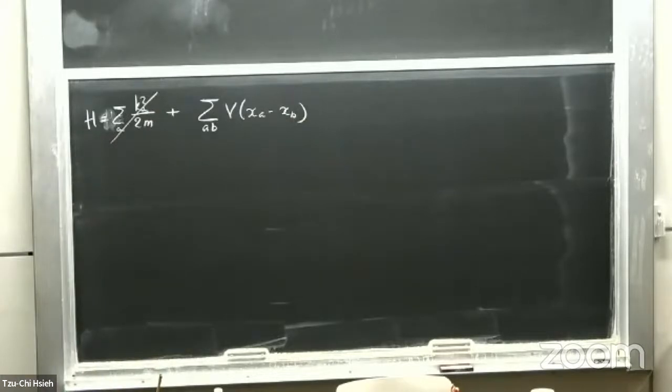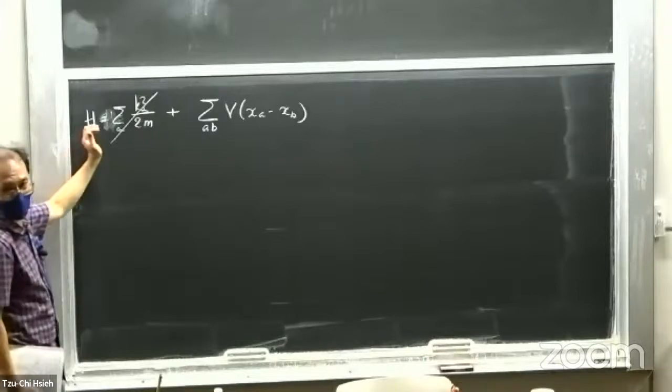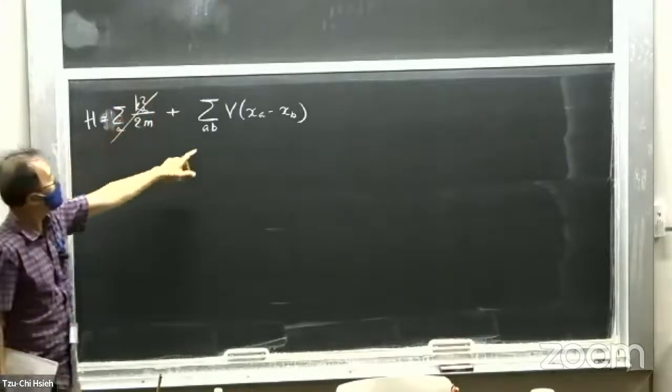Basically, from the quantum mechanical point of view, all these particles are in the same Landau level, right? So the kinetic energy is the same, k squared is the same, so it doesn't make much difference to the Hamiltonian to drop all of them. Now we have this.